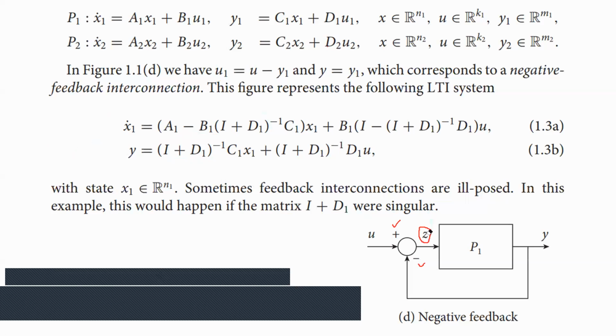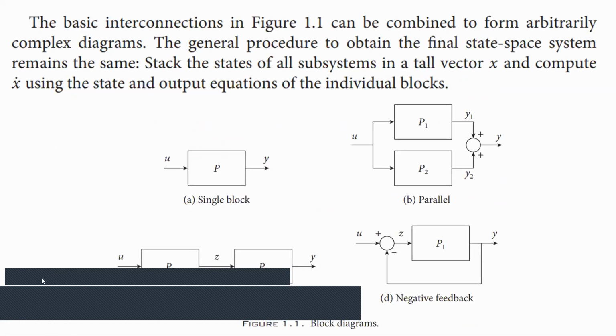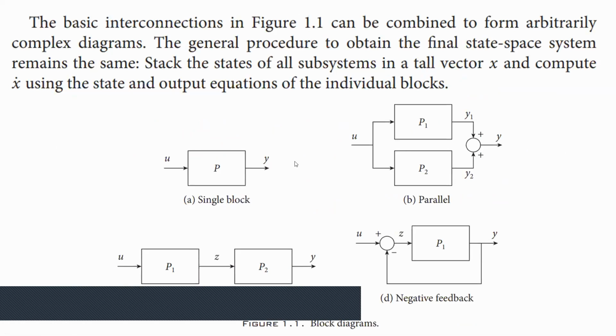So this is how we primarily have a quick review of the terminology which is with this book which we are following. So here, this is just a recap. The general procedure to obtain the final state space system remains the same: stack the states of all subsystems in a tall vector and compute the differential using the state and output equation of the individual blocks.